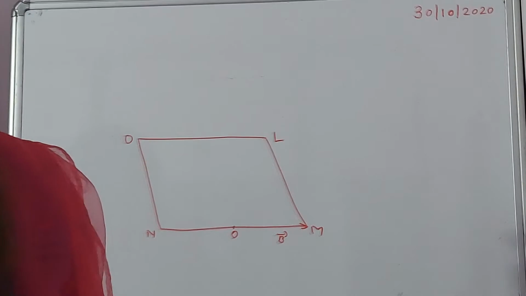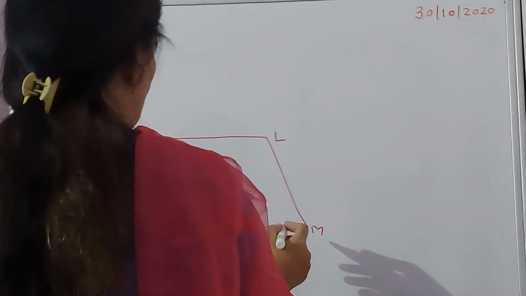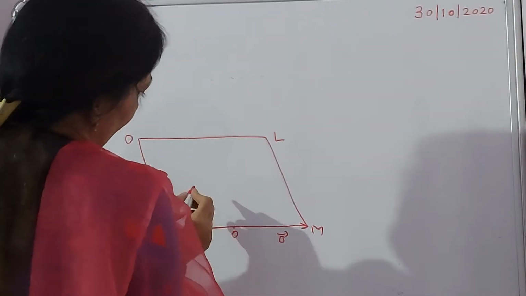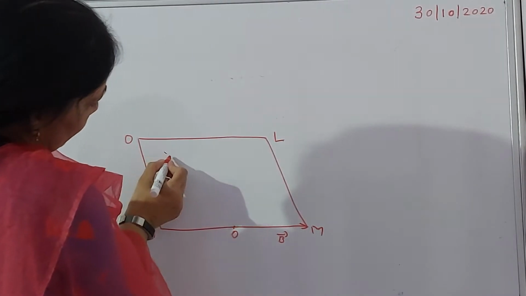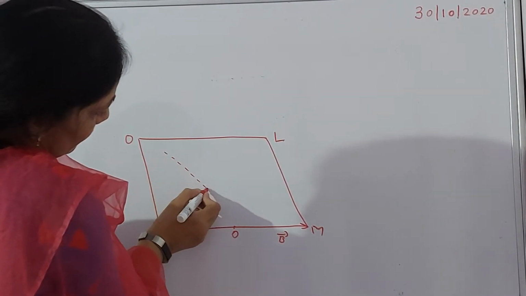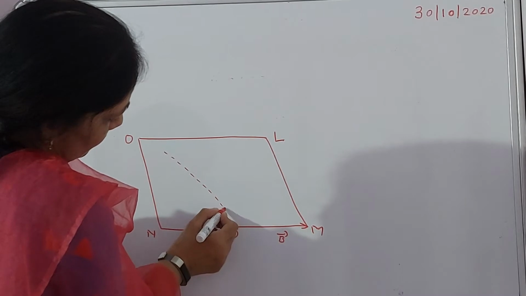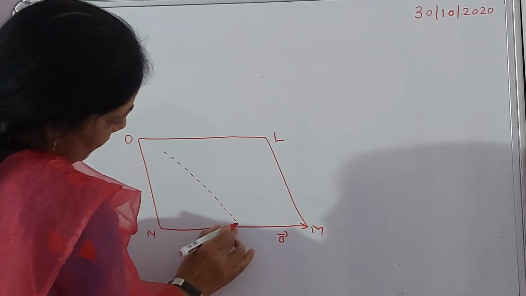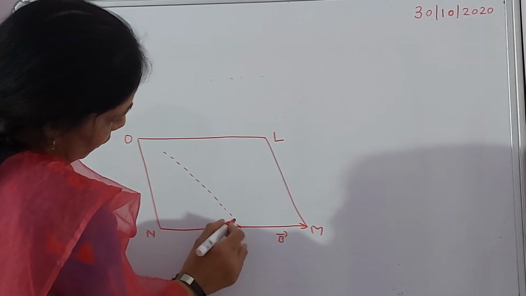Initially, my job is to show this to be vector B and this part to be vector C. I'll shift and keep it over here, at the origin.